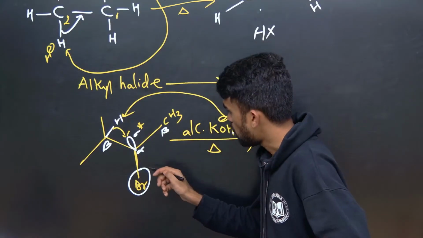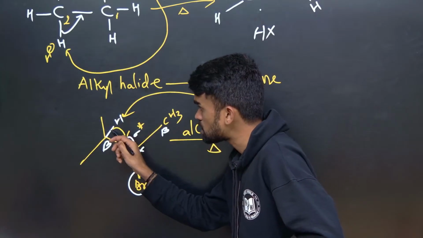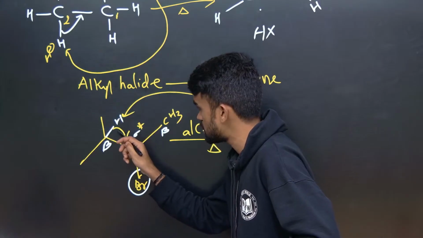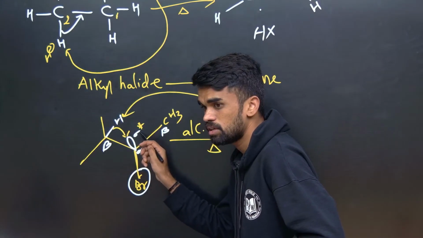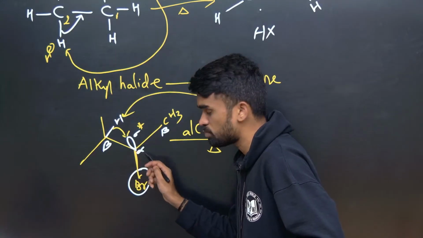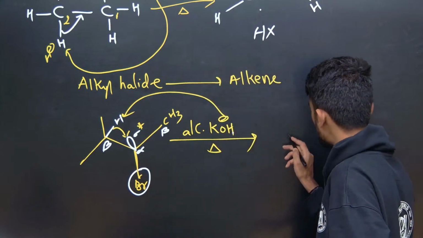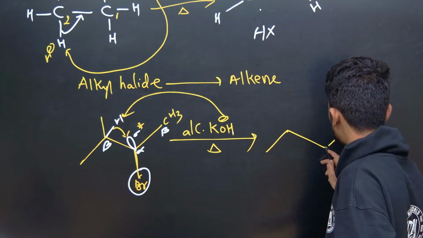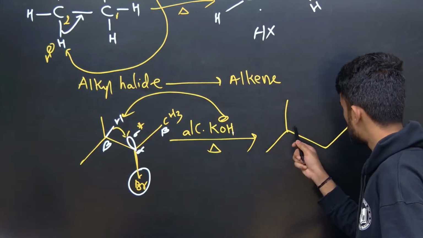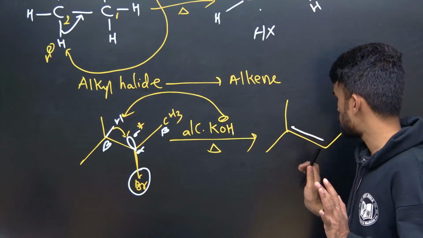How many electrons are here? Two. Here also we are donating a pair of electrons from the bond, so they fall into the sigma star anti-bonding orbital of this sigma bond. The bonds cancel out and this bond disappears from here. So what is the final product we get? We have it like this: a pi bond is forming here. That's it, hope it is clear. This is the major product here.